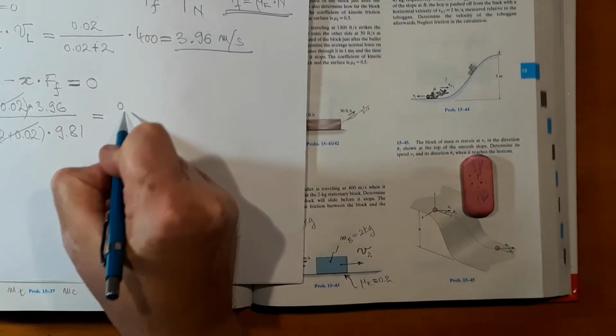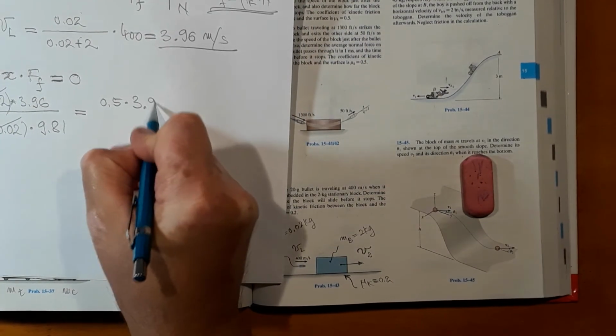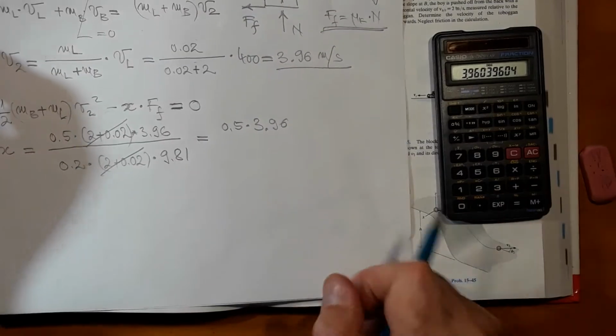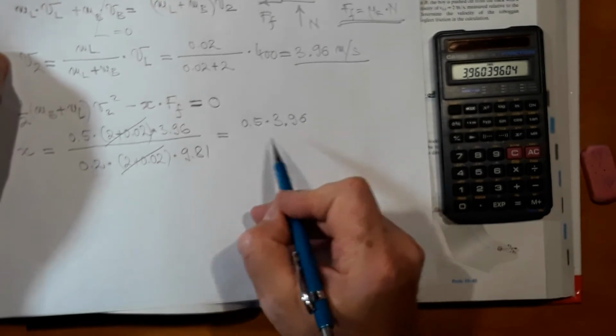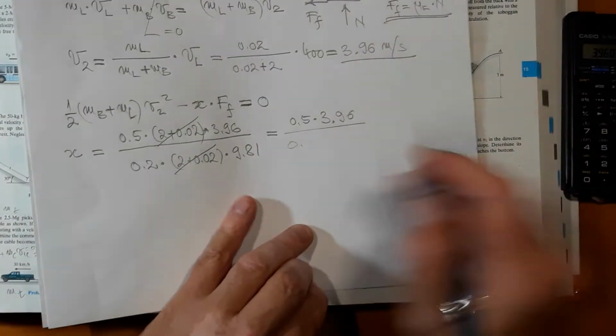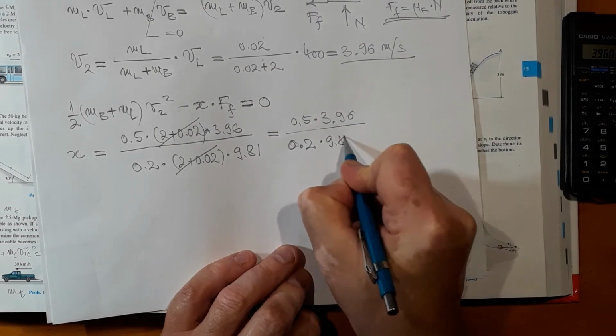And we have like 0.5, that is 1 over 2 times 3.96. I still have it on my calculator screen, over 0.2 over 9.81.